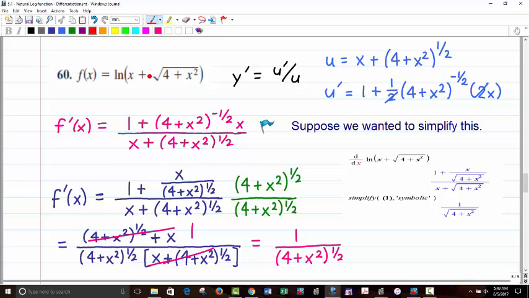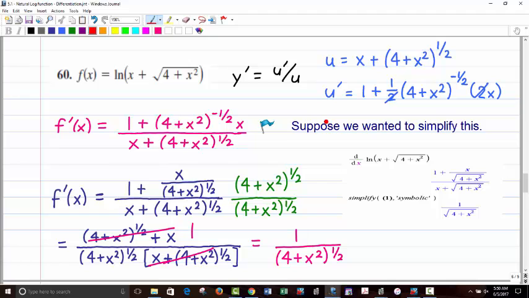So everything in the parentheses here, x plus the square root of 4 plus x squared, is right here on the bottom. And then the derivative of x is 1. So you see I have it written over here. The 1/2 will come down, changes the exponent to negative 1/2 when you subtract 1. Derivative of the inside is 2x. So the 2's would cancel. And you're left with this.